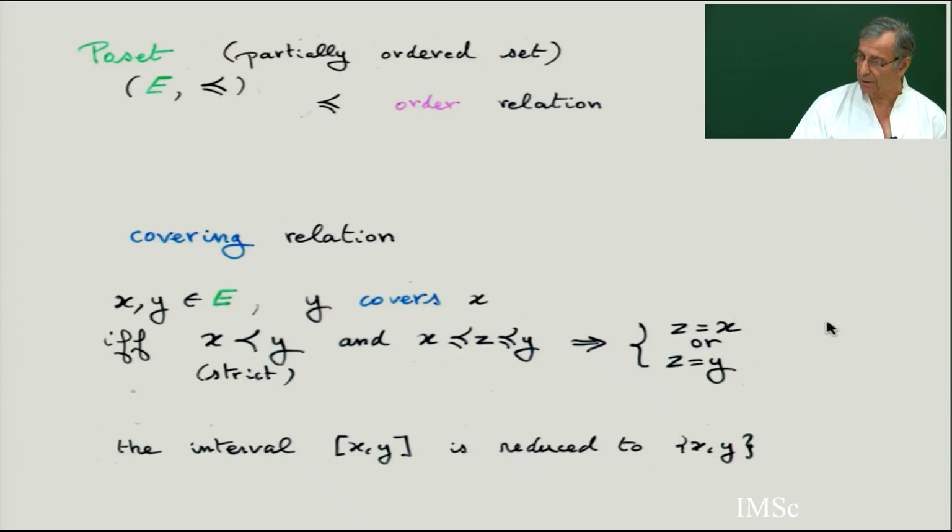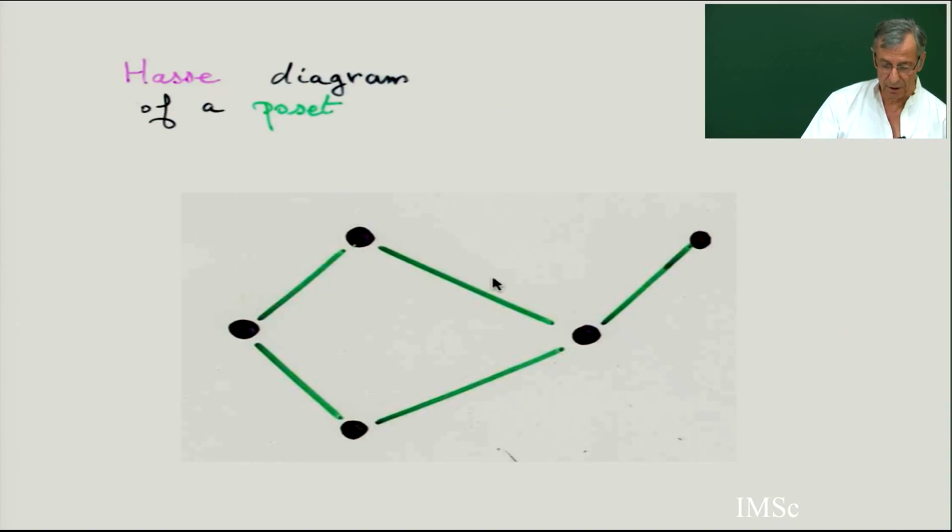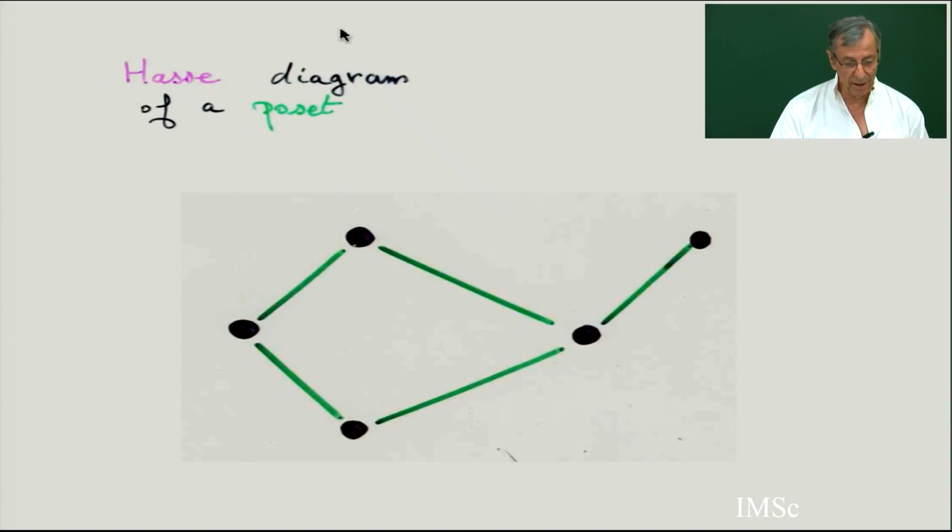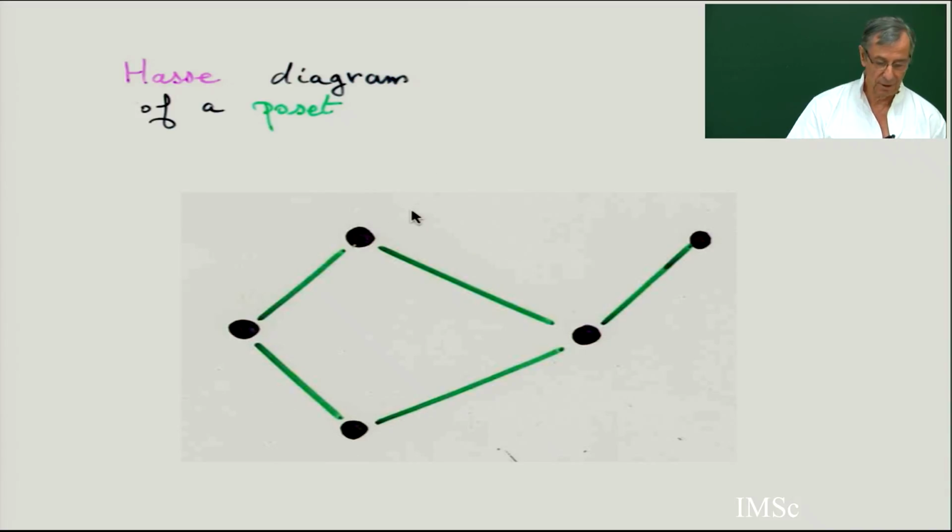And the poset can be defined by its covering relation, and it can be defined by a diagram which is called the Hasse diagram. Usually you put the order relation going up. You see this is the minimum element, and then this is less than this one, this is less than this one. So the green edges going up are exactly the covering relations, and any poset is usually designed by a diagram like this.